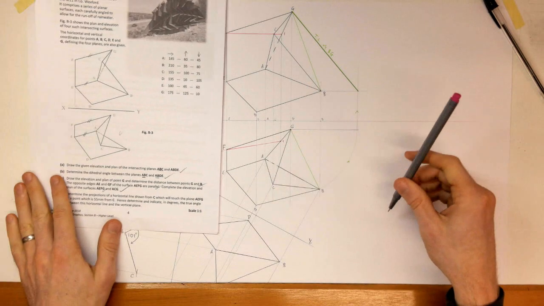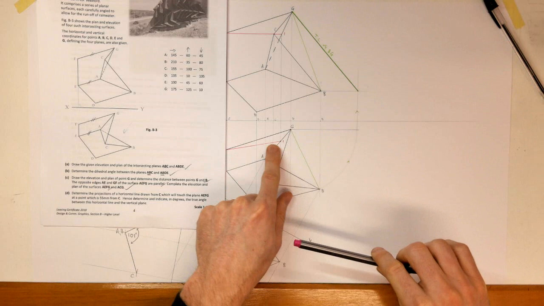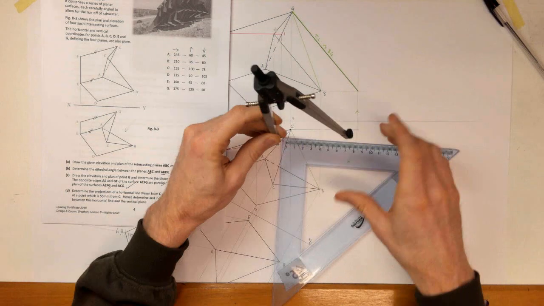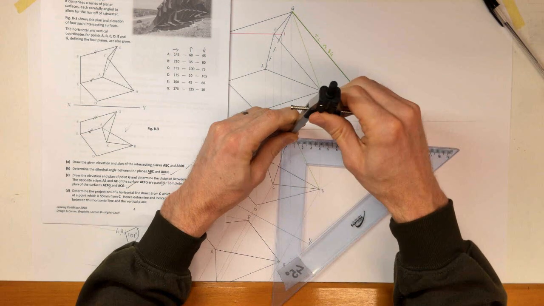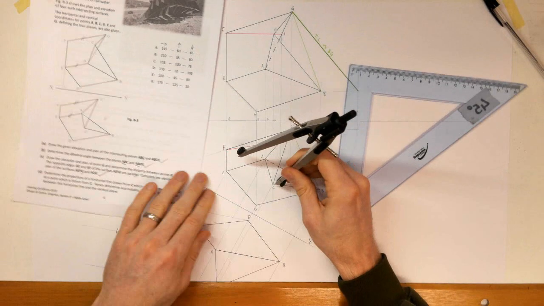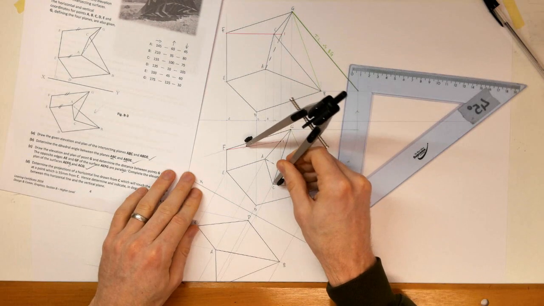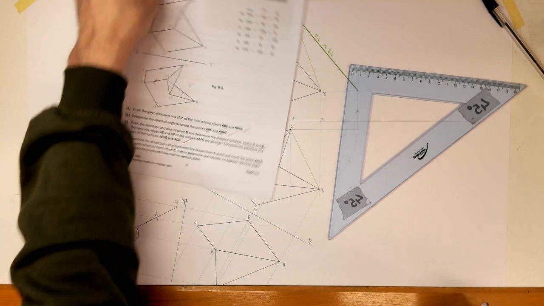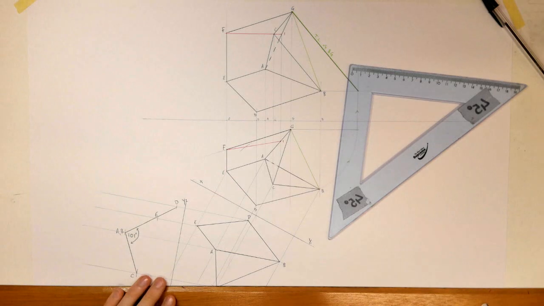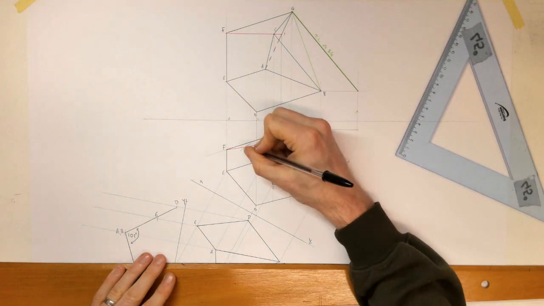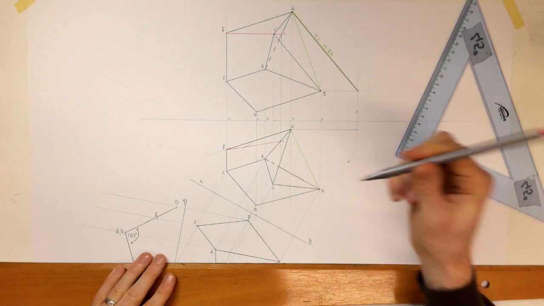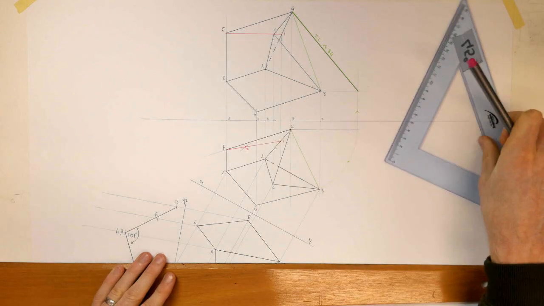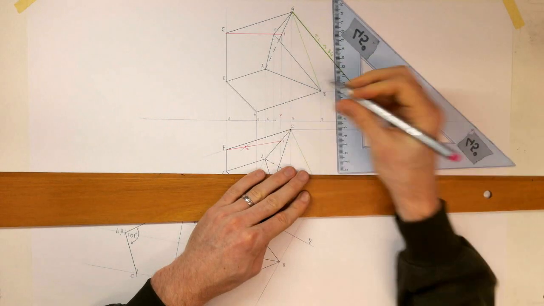I need to find where it intersects the plane horizontally. So I set my compass to a radius of 55 and from C swing an arc, and that'll find our point. Let's call that point X.